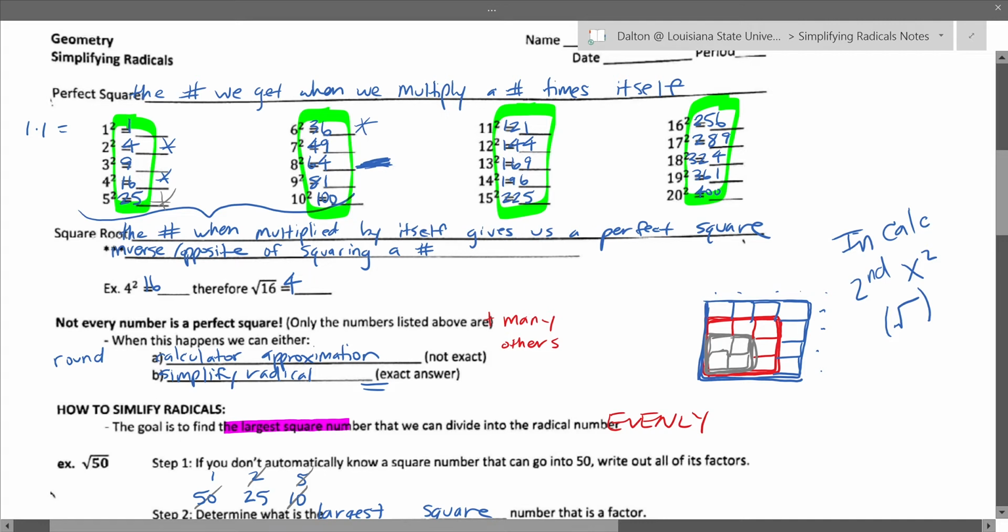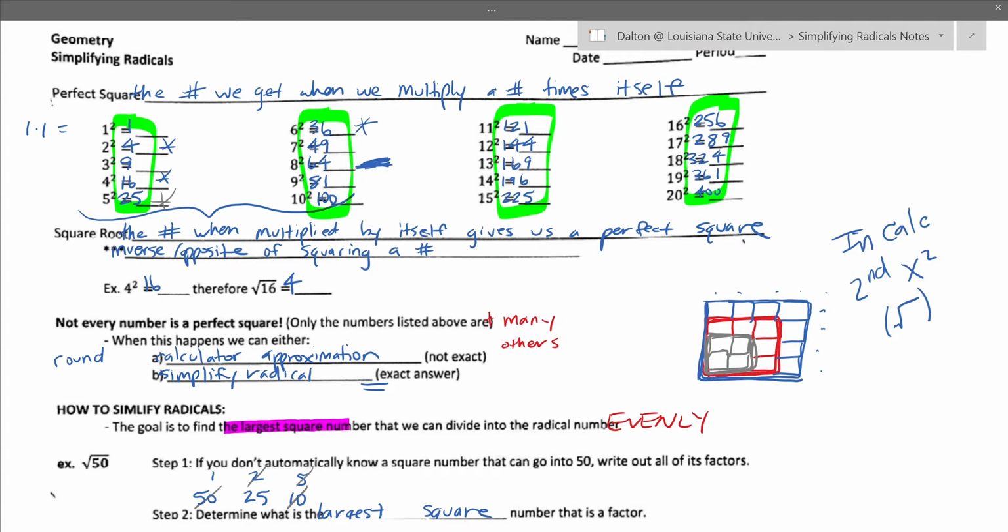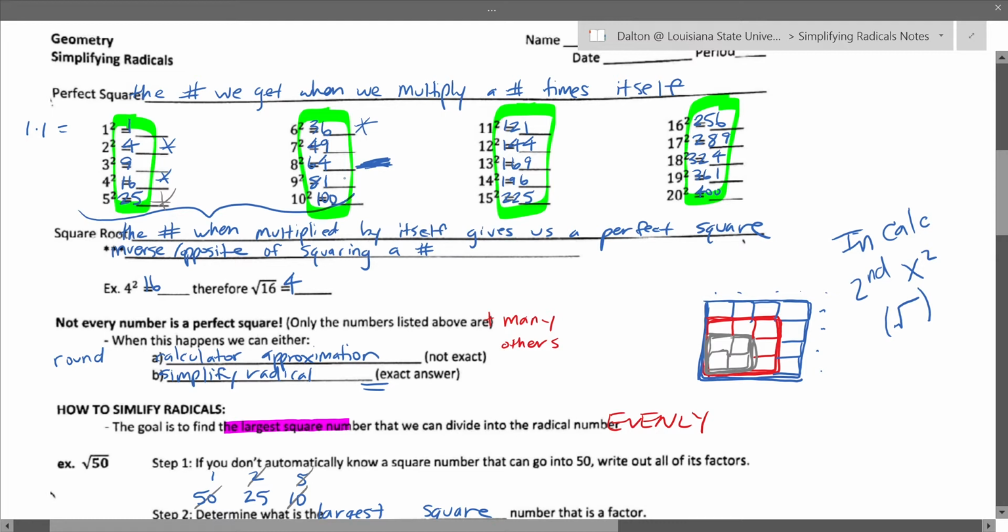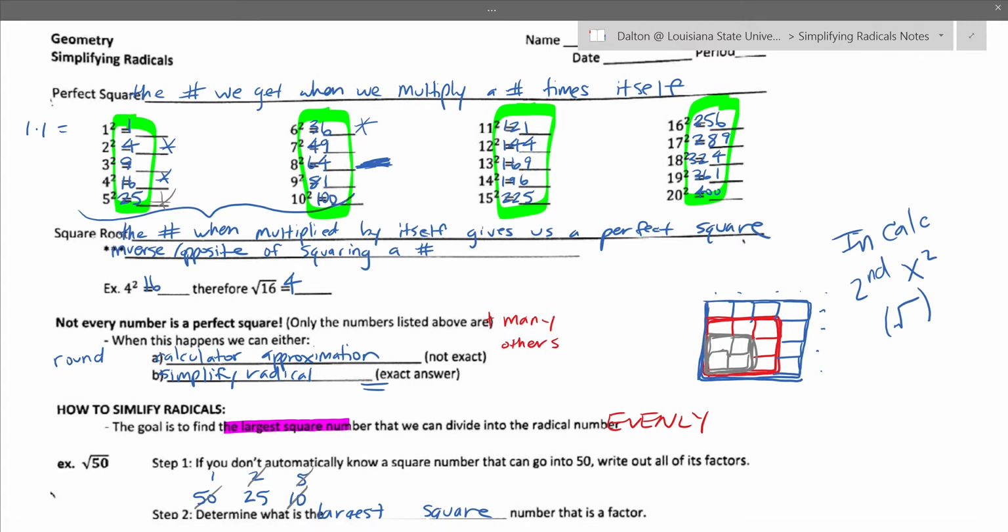So none of the square numbers bigger than 8 could be a factor. 9 can't be a factor of 72 because it does not go into 72 evenly, because then you get bigger numbers like 81, 100, 121. So you know you can't use any numbers bigger than 8.